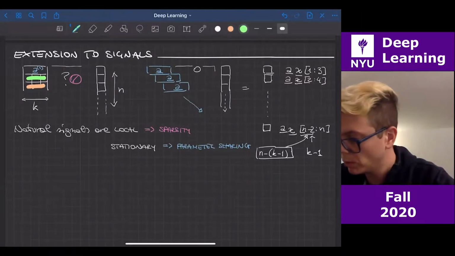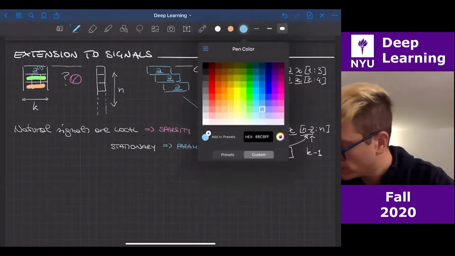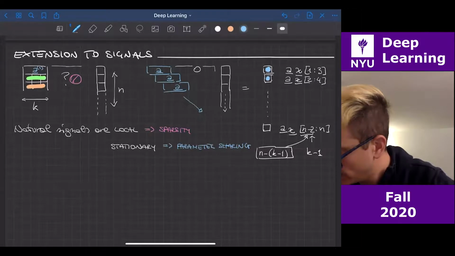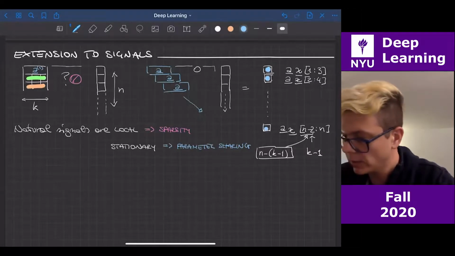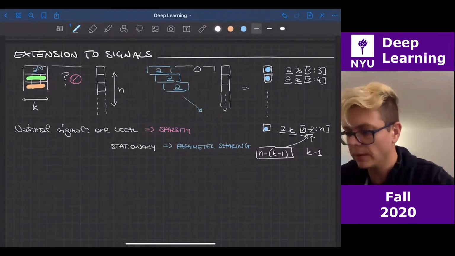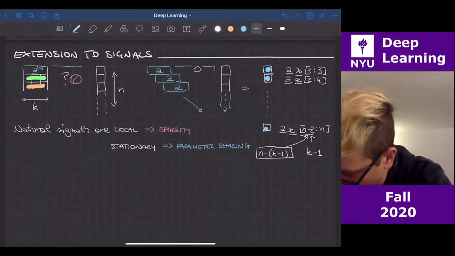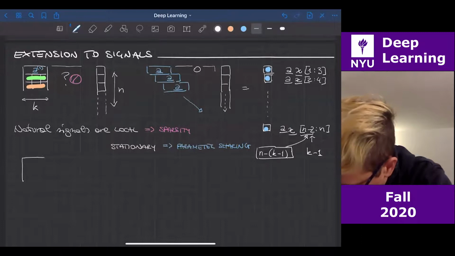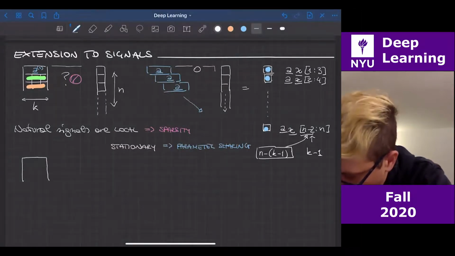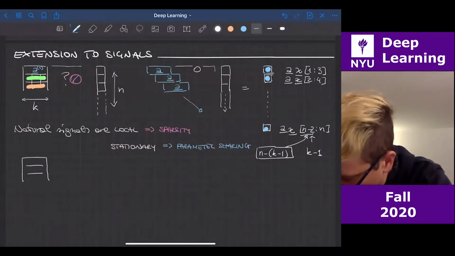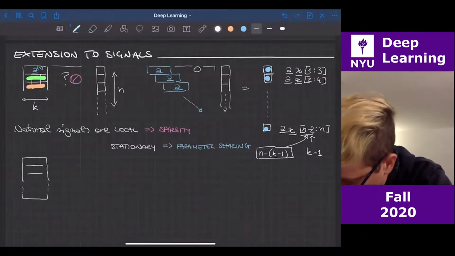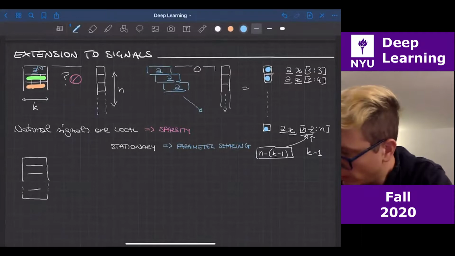I just computed this first guy, and so let's finish up with the other ones. We are going to simply repeat, so we're going to have this matrix here. I had the first one, the second one, until the last kernel.